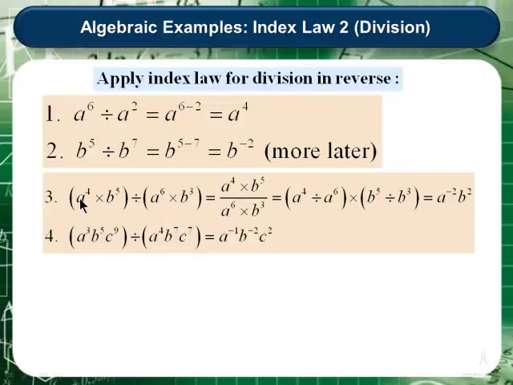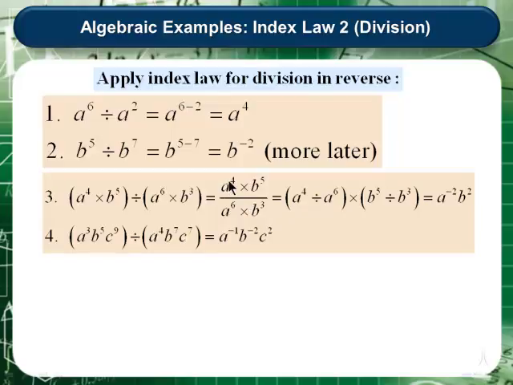Third example, a to the power 4 times b to the power 5, everything divided by a to the power 6, b to the power 3. Note what is in the first bracket is your dividend, and what's in the second bracket is your divisor. And we can always write a division problem as a fraction. So really, we have the product of two divisions here.